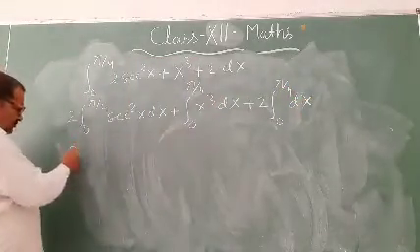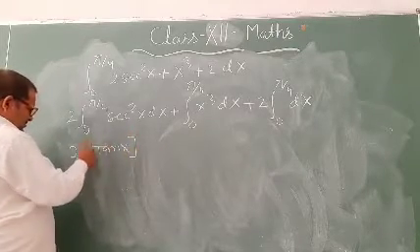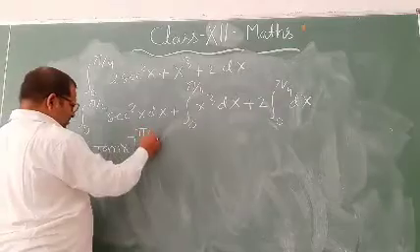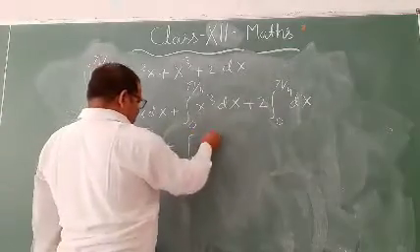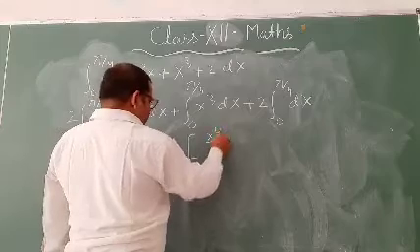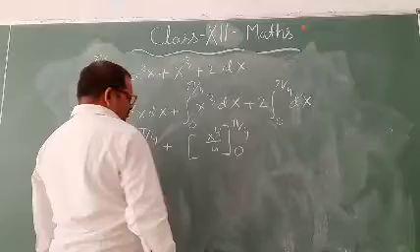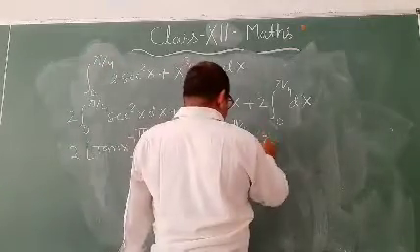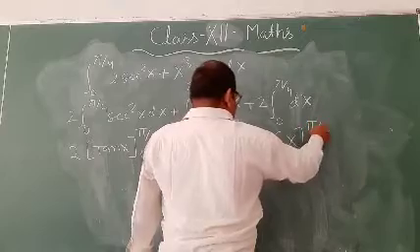So 2 tan x from 0 to pi by 4 plus x power 4 by 4 from 0 to pi by 4 plus 2x from 0 to pi by 4.